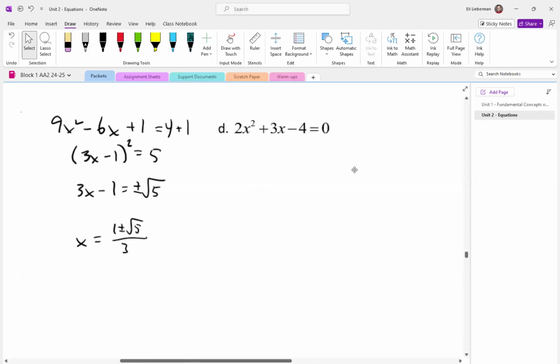Have you already finished D? Go ahead and start this now if you haven't. This is the last problem before you start on the homework.